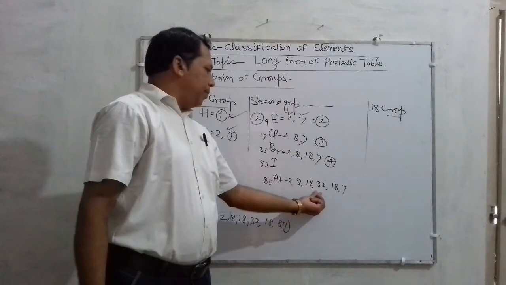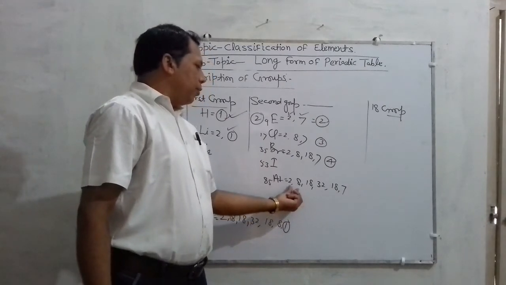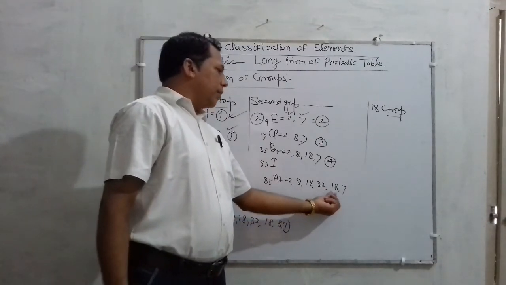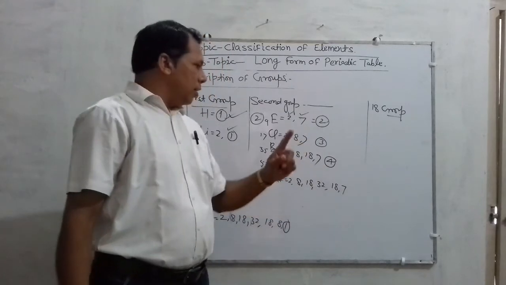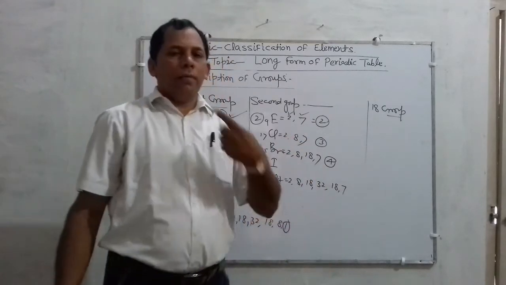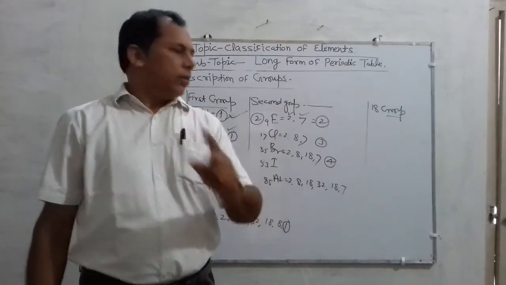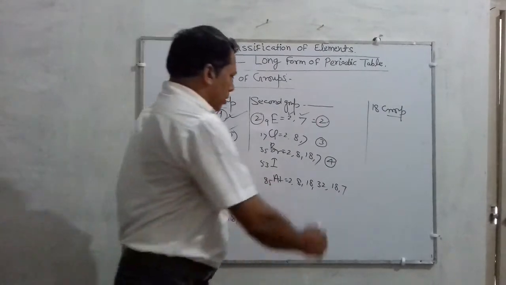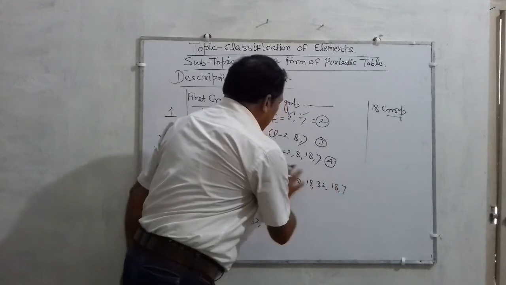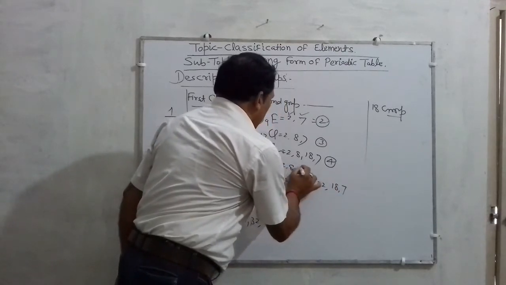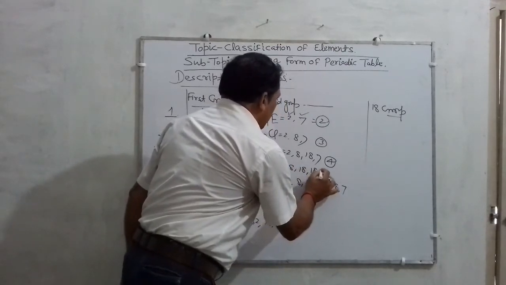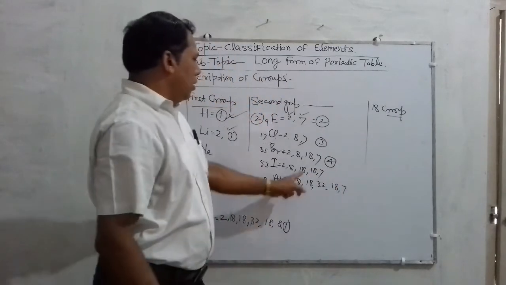Am I right, students? So suppose this will come 2, 8, 18, 18 and 7.